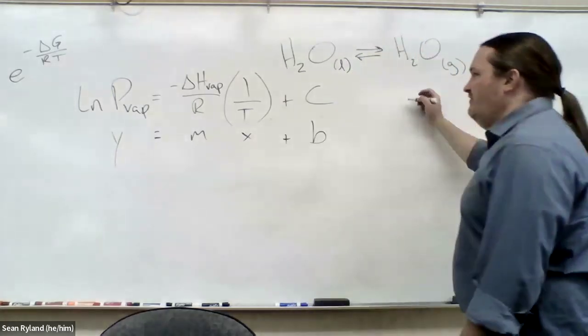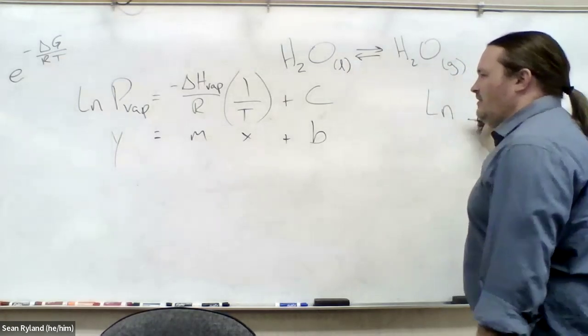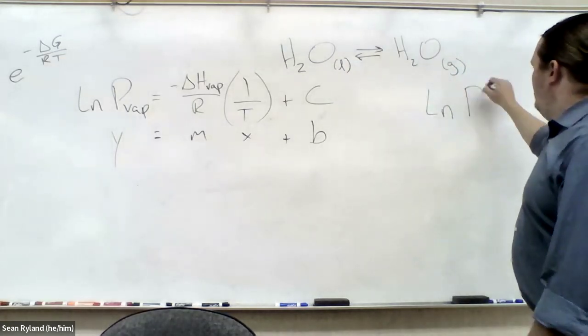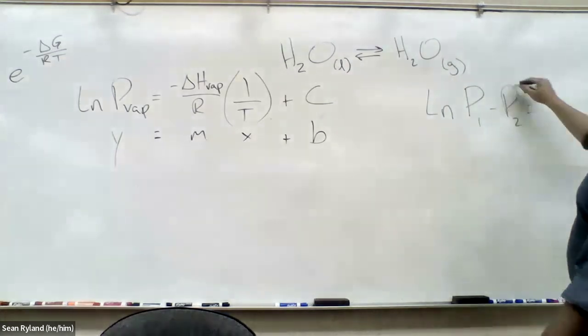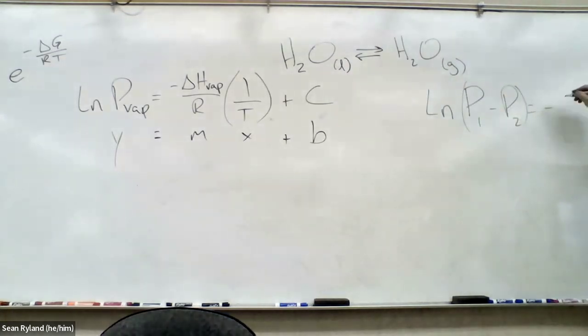The other version of this looks like ln P1 minus ln P2 equals the slope times 1 over T1 minus 1 over T2. As long as I give you the pressures and the temperatures, you can solve for the slope then, right?